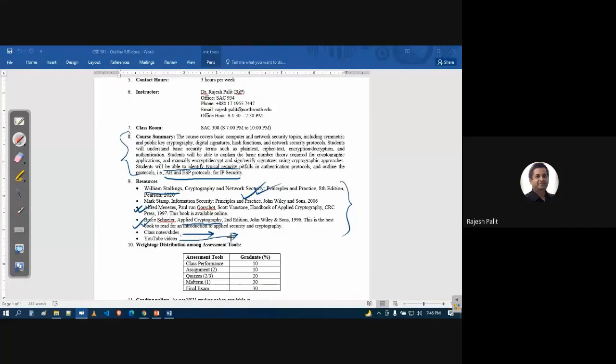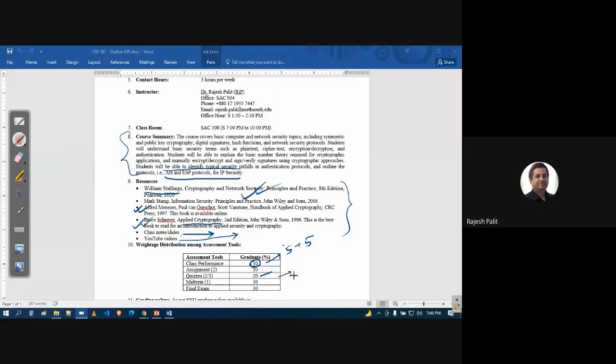In terms of marks distribution, we have class performance 10%, which is attendance and assignment, 5 plus 5. Due to the pandemic, this distribution will be a little different.